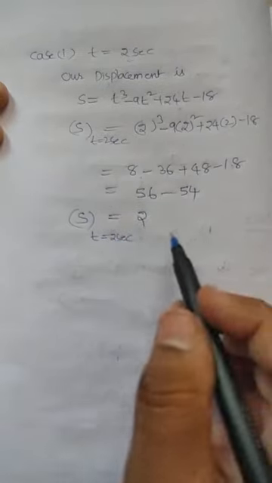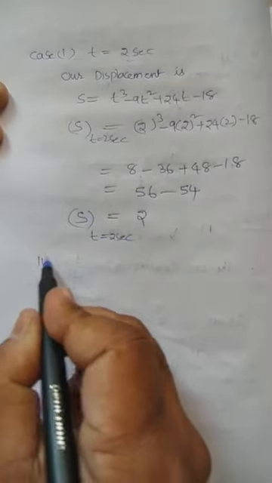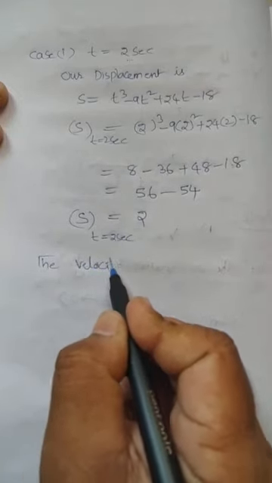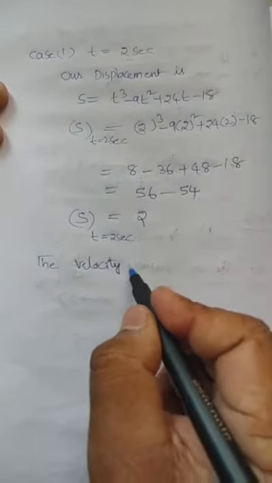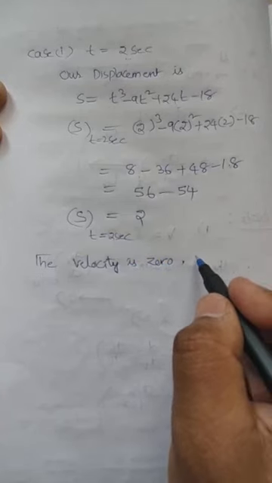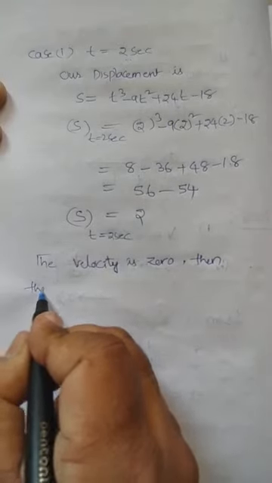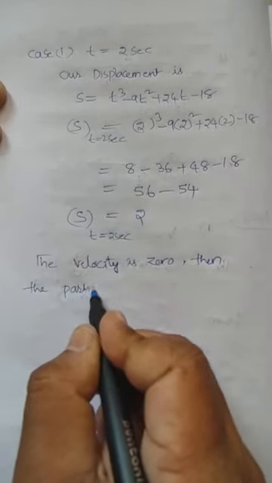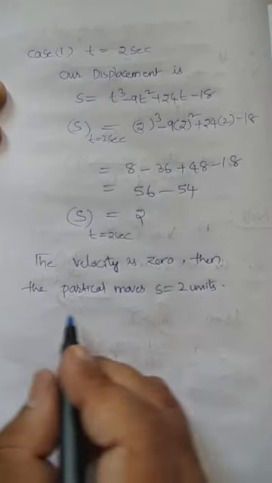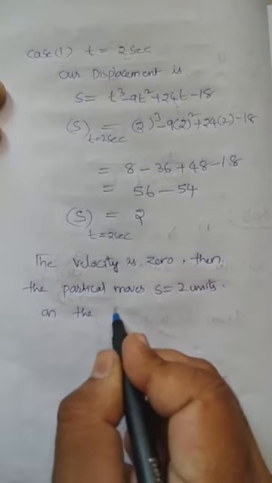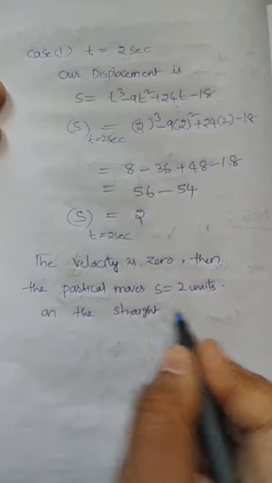So this means when the velocity is 0, the particle moves s is equals to 2 units on the straight line.